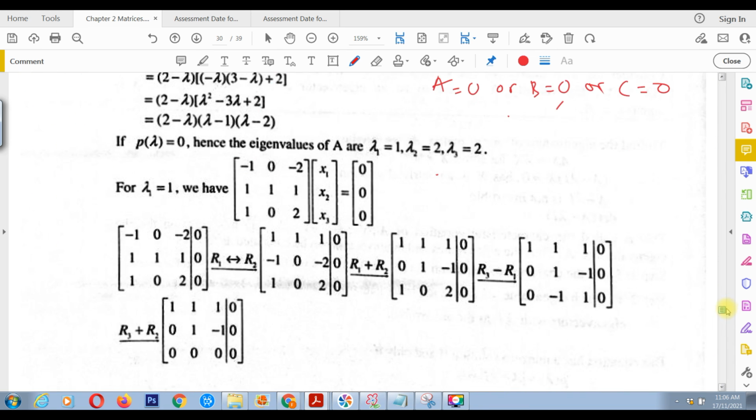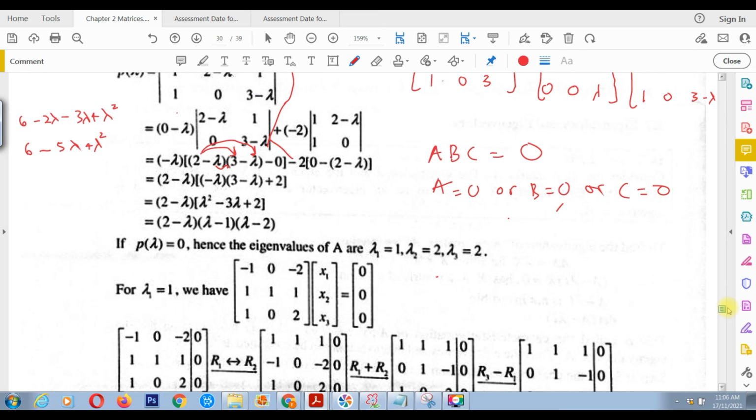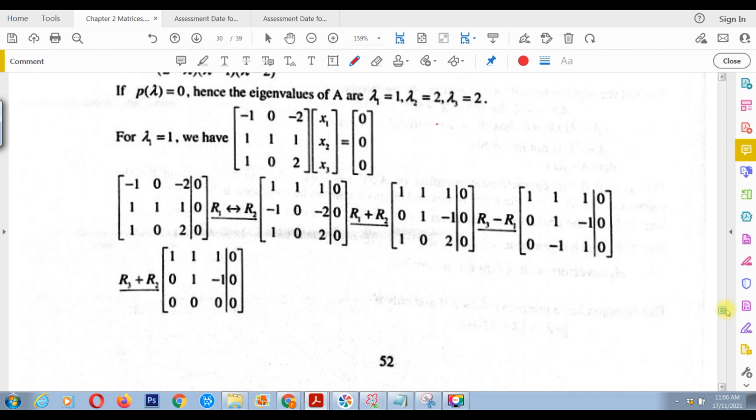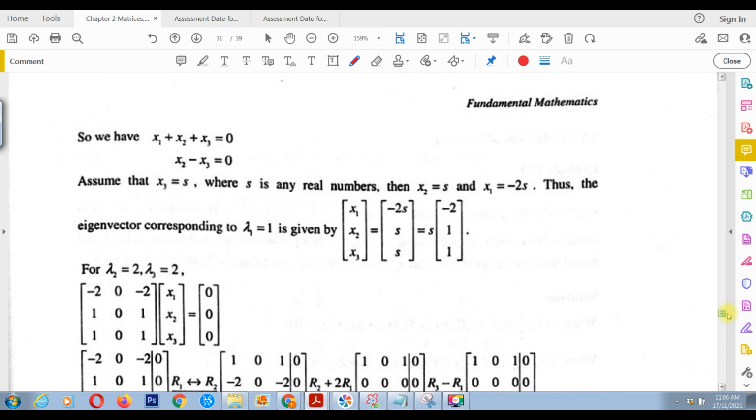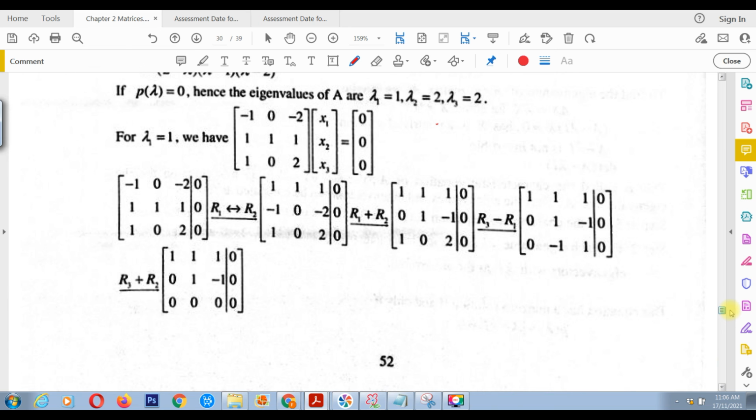So right now we only have the eigenvalues. Sorry, this is the eigenvalue. Now we want to find the eigenvector. For the eigenvector we substitute the eigenvalue into this matrix equation, and then get the ERO, find the inverse, and try to solve the solution for this matrix.